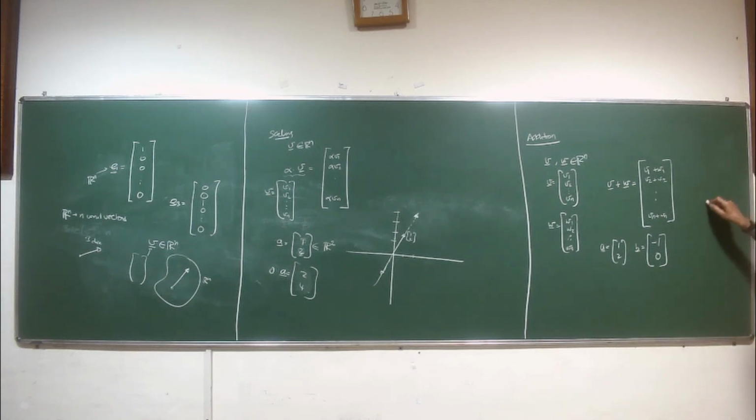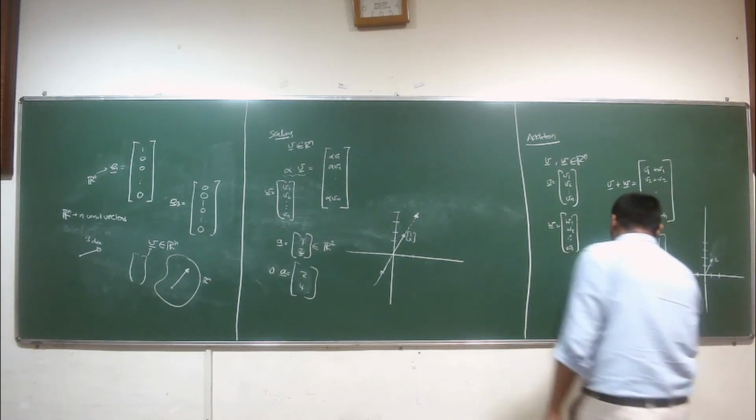What will these two vectors look like in R2? A will look the same as that. That's A. What about B? Where will A plus B reside here?